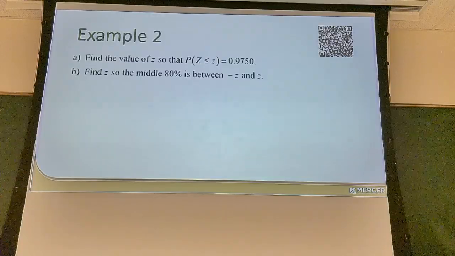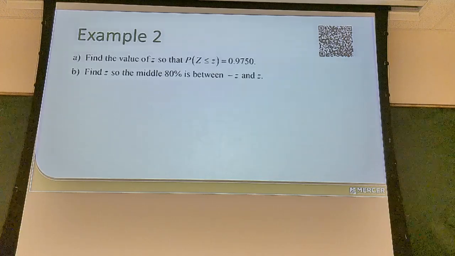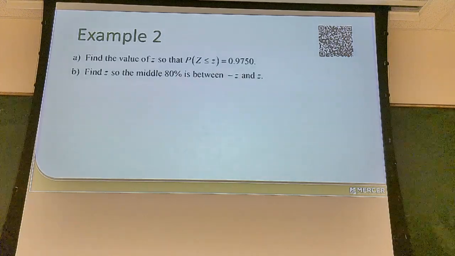Now we get to work in reverse. They're not going to give us a z-score. They want us to find the z-score. Find the value so that the probability that Z is less than or equal to z is 0.9750.